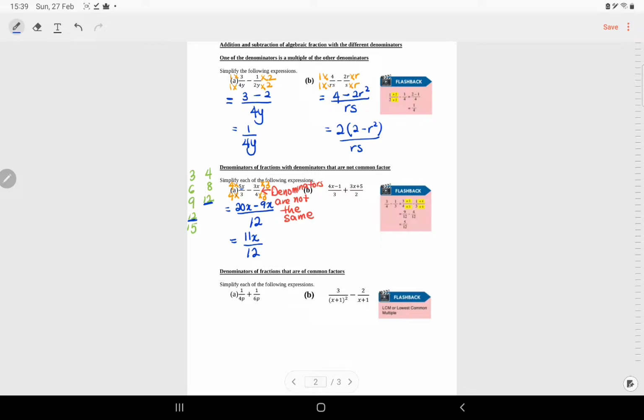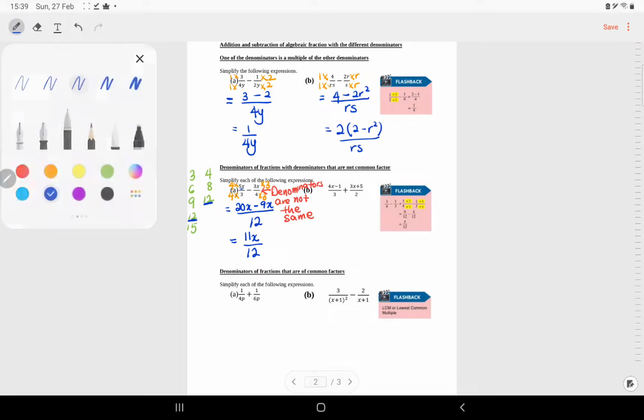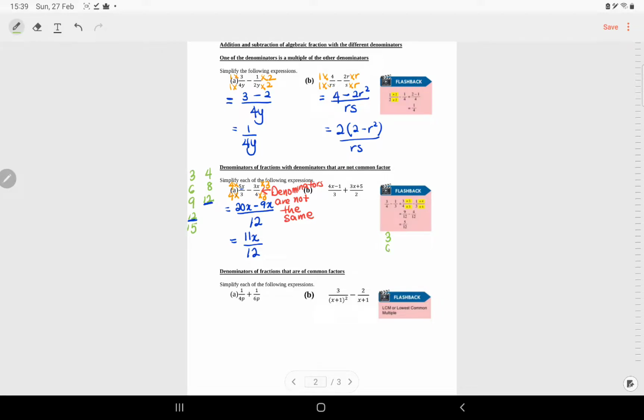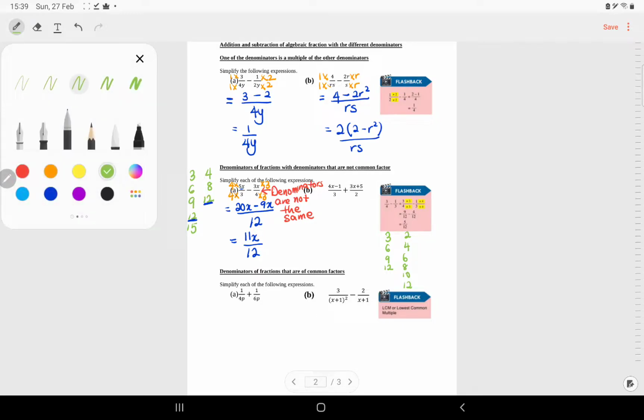All right. The next one, we have denominators of 3 and 2. For the common denominator, if we do the LCM quickly, we have 3, 6, 9, 12. For multiples of 2: 2, 4, 6, 8, 10, and 12. What is my lowest common multiple?